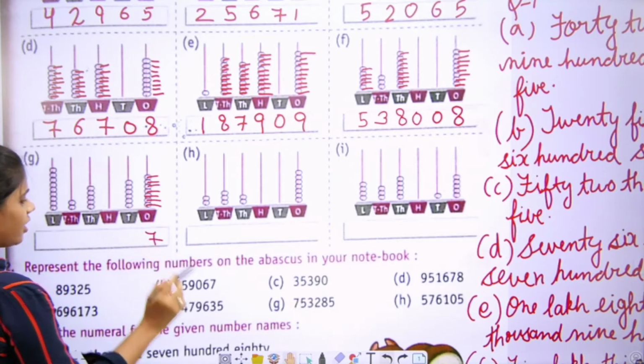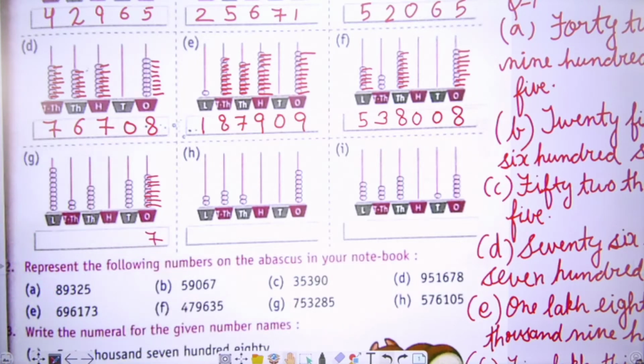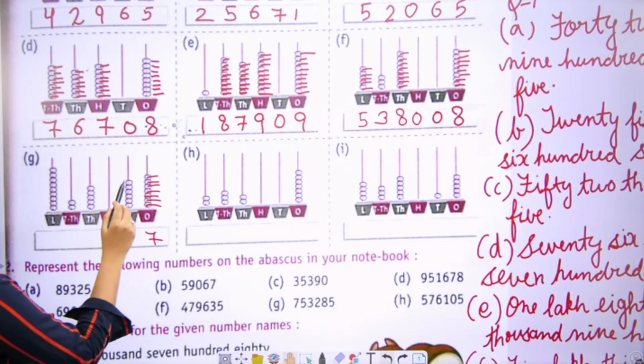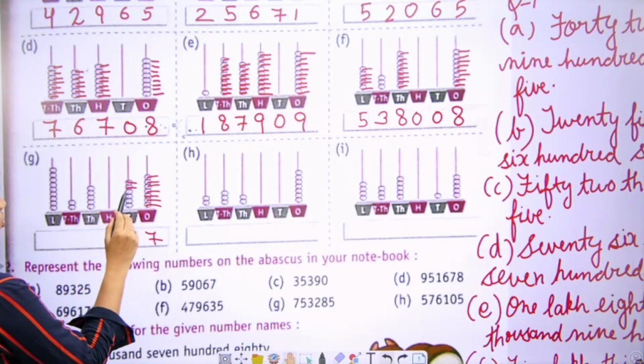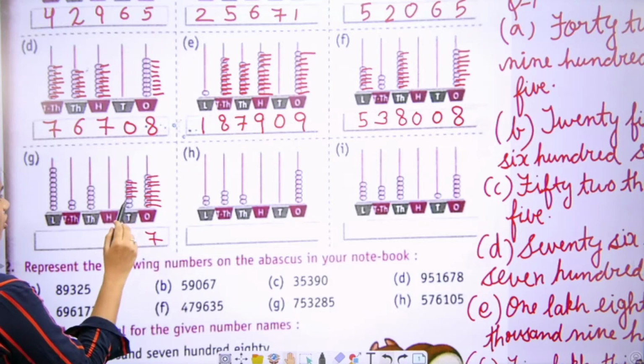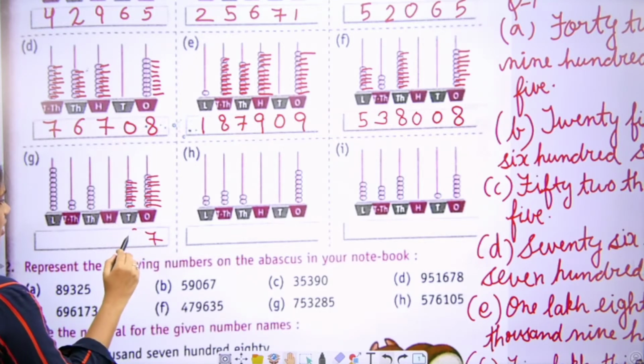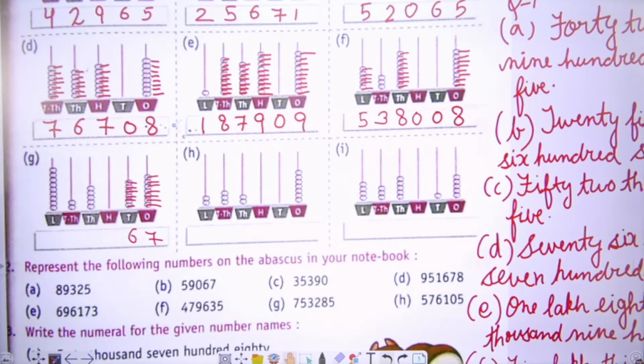We will write here 7. Now move to the tens. 1, 2, 3, 4, 5, 6. We will write here 6. In 100 side there is no bits. Again we will write here 0.